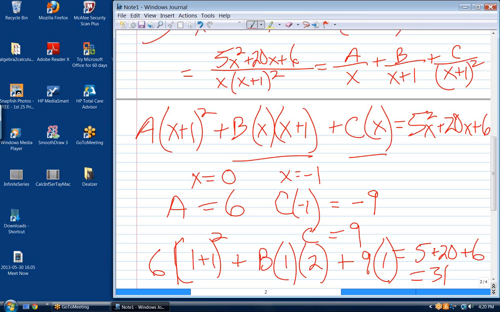Okay. And that's kind of one way to look at this, is how would you do it if you were going backwards? If we started with this, and we were trying to add those three, I would not use x times x plus 1 times x plus 1 squared as my common denominator. I wouldn't need to. Because all I need is a least common denominator, which is going to be x times x plus 1 squared.